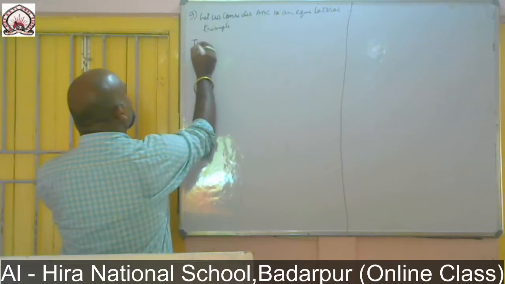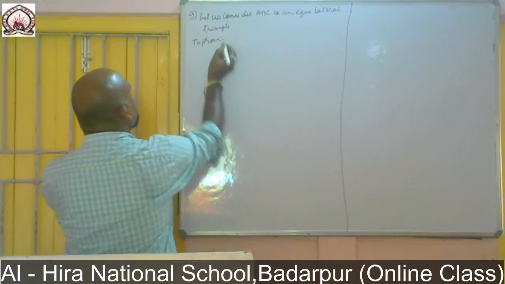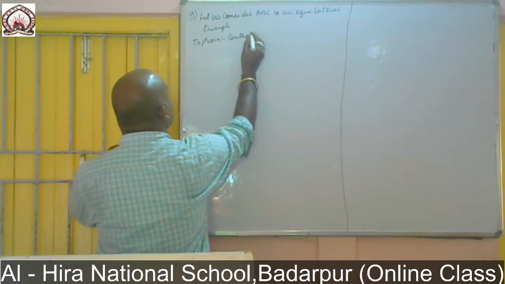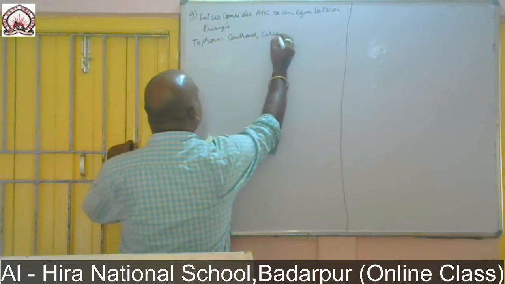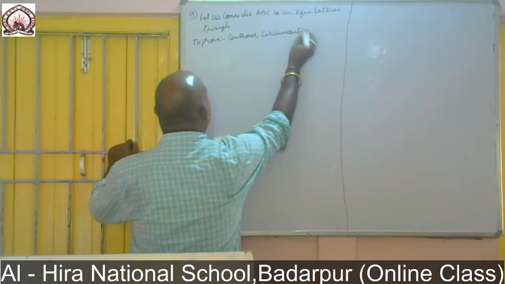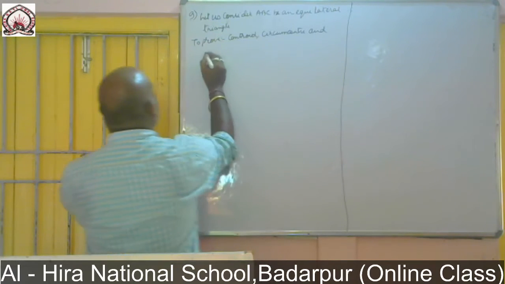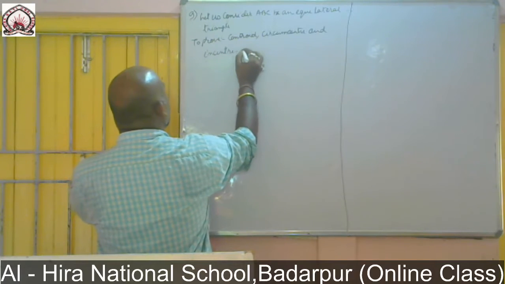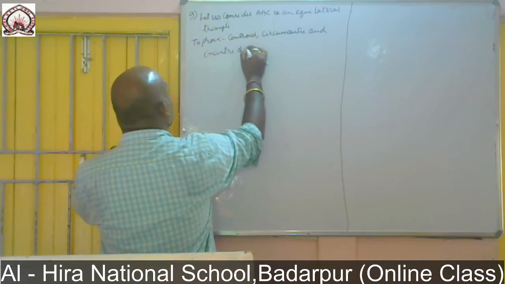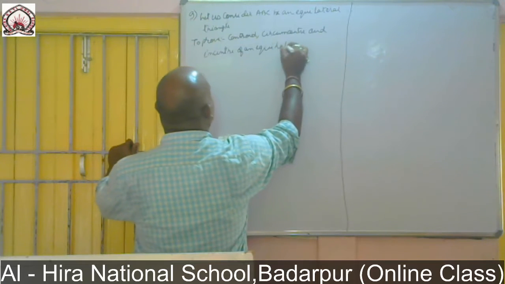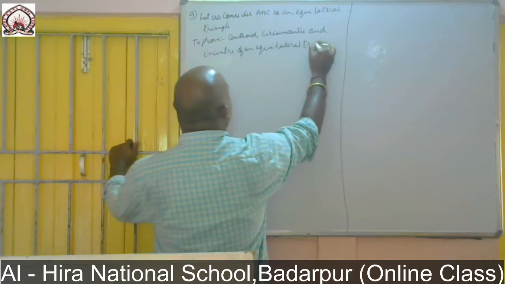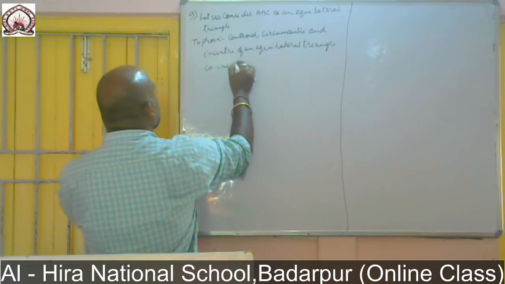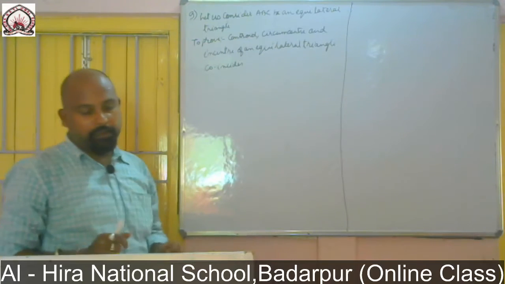Now, to prove, what do you have to prove? That the centroid, circumcenter and incenter of an equilateral triangle coincide.